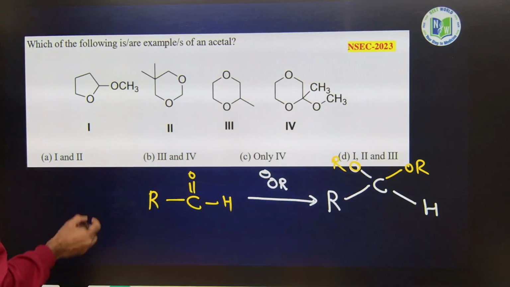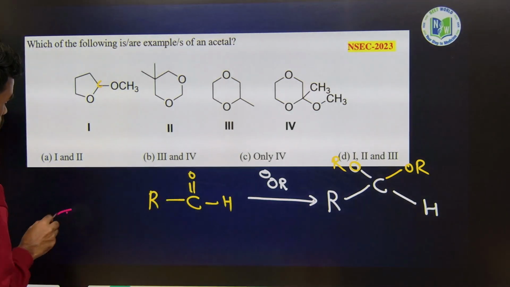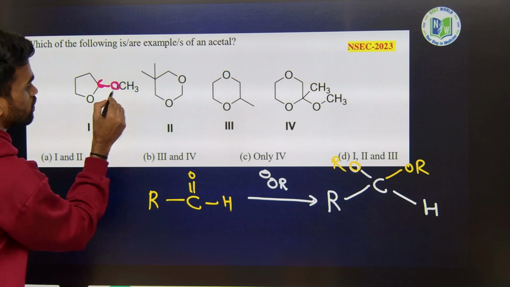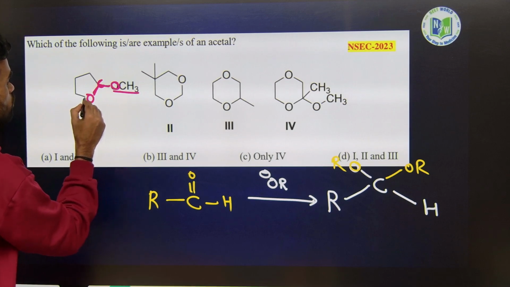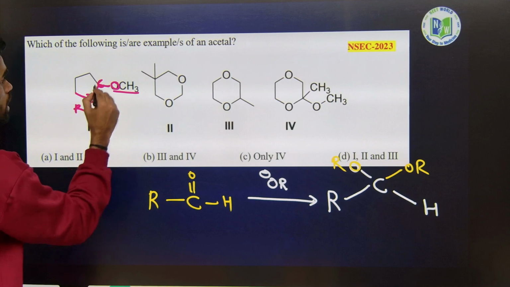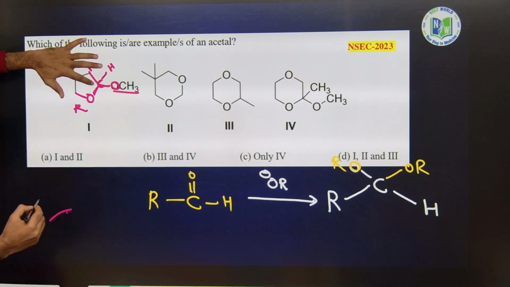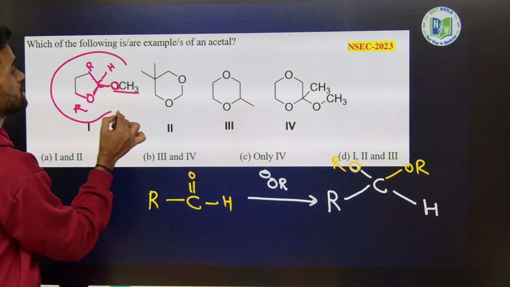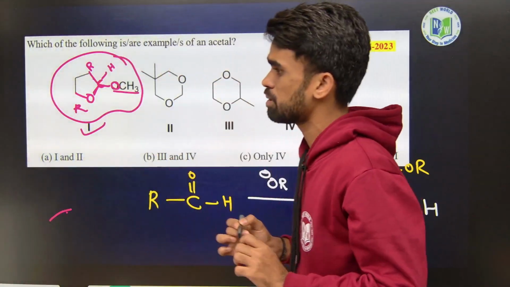Now look at here, this is the carbon where this side we have one OR group, one methoxy group, and this side also one OR group, one alkoxy group, and one R group, alkyl group, and one hydrogen. So this carbon is considered as the acetal carbon, so this compound is an example of acetal. So the first one is perfectly correct.